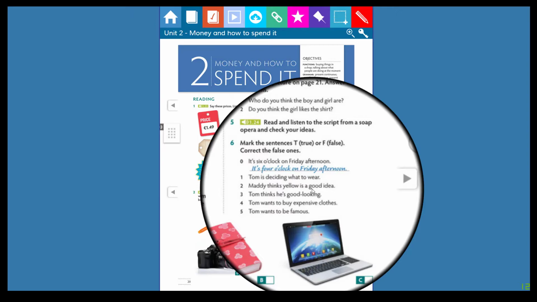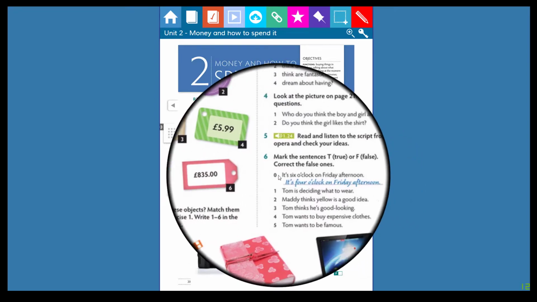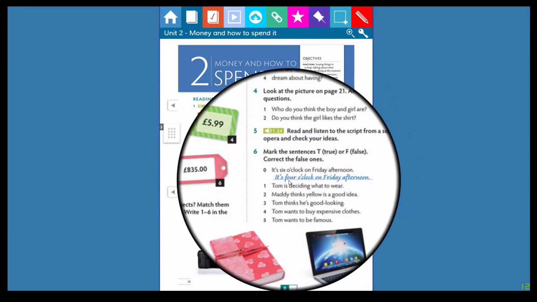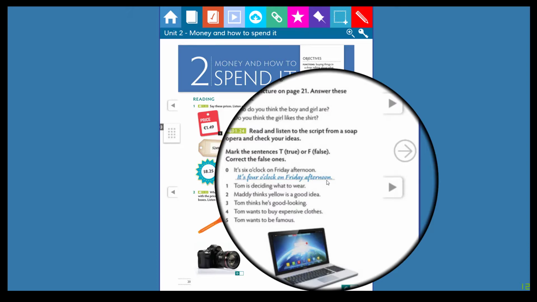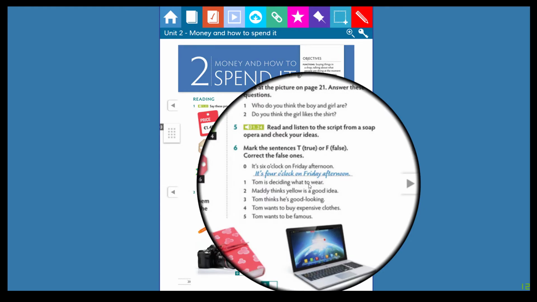Did you finish? Okay, let's check then. Number 0. It's 6 o'clock on Friday afternoon. False. It's 4 o'clock on Friday afternoon. Number 1. Tom is deciding what to wear. What do you think? True or false? True, correct.